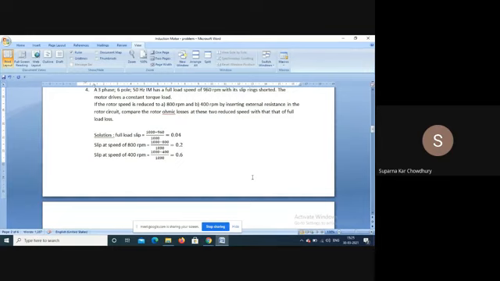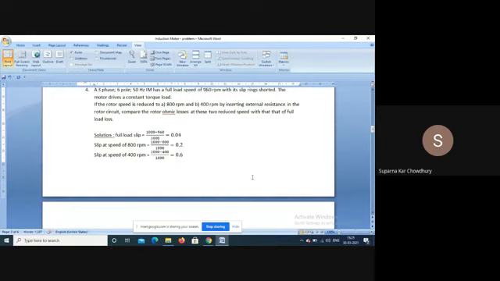Now it has been mentioned that the load torque is constant. So for constant load torque, the air gap power is constant. The rotor loss per phase is given by S into PG, where PG is the air gap power. So for constant load torque, as PG is constant, the ohmic losses are proportional to the slip.